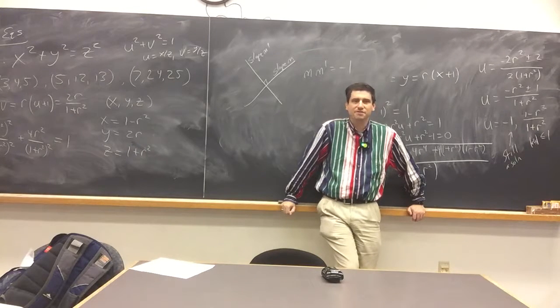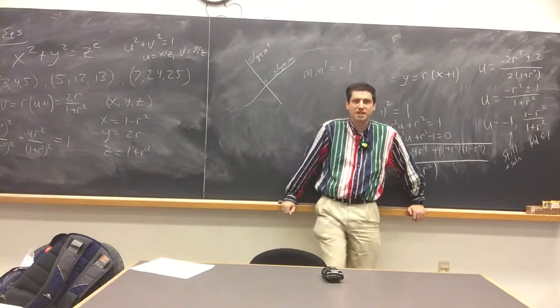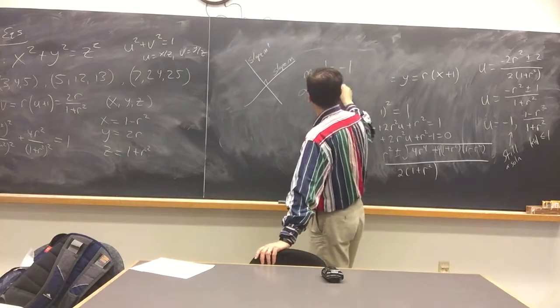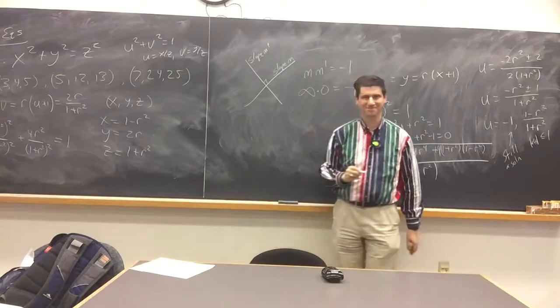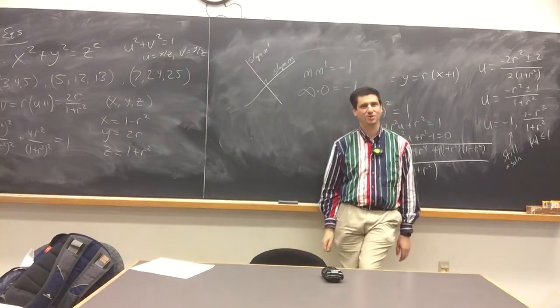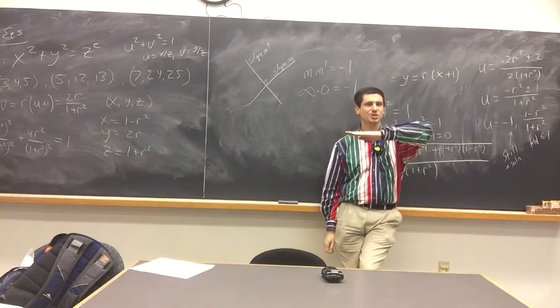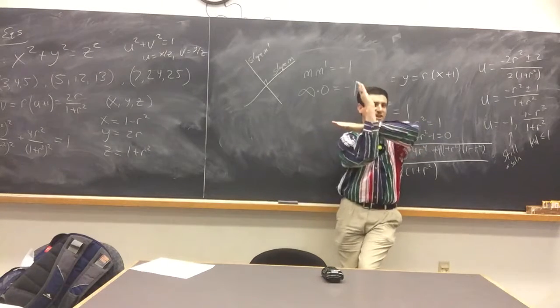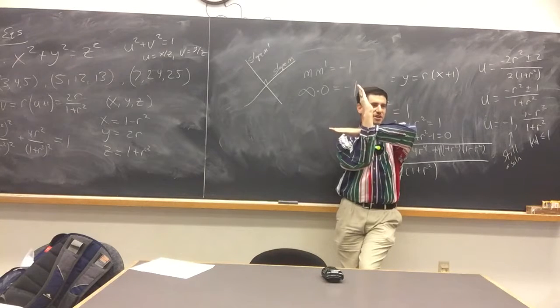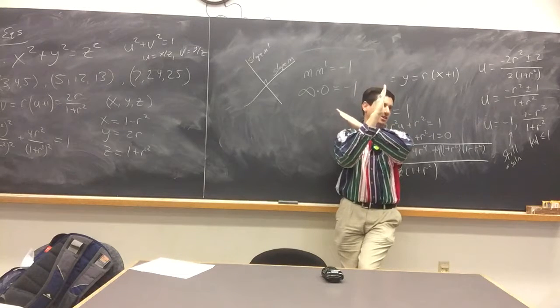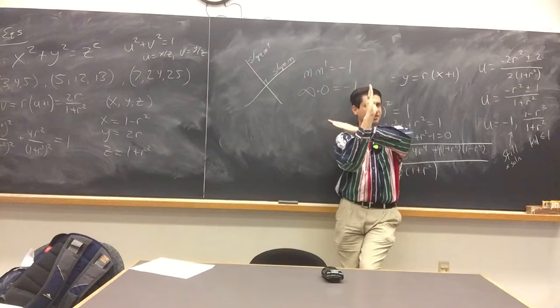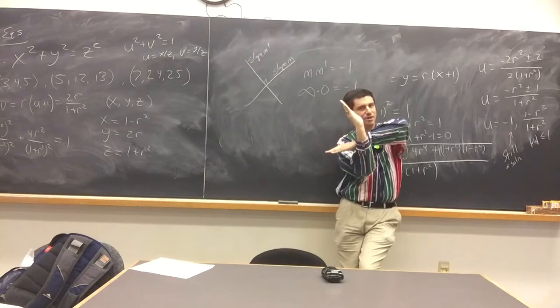Now, of course, there's something that's fascinating that goes on here. This actually gives us infinity times 0 equals -1. Why? If I take the x-axis, what's the slope of the x-axis? What's the slope of the y-axis? Plus infinity. So if I deform it slightly, the product of the slopes is -1, -1, -1, -1, -1, undefined, -1, -1, -1, -1.